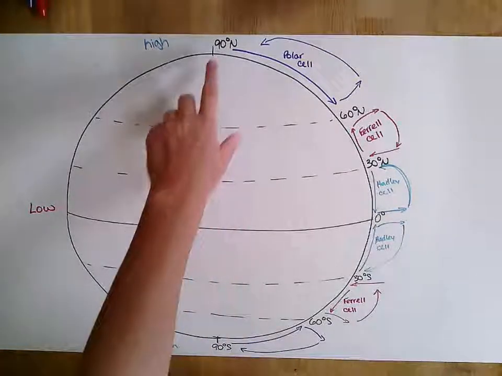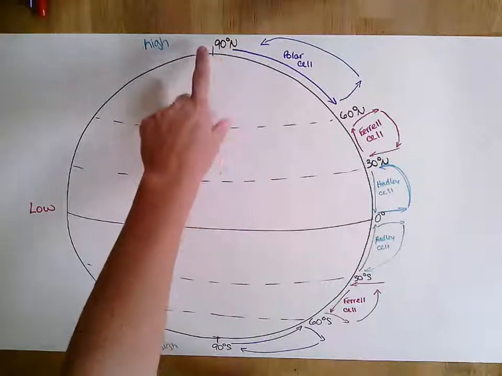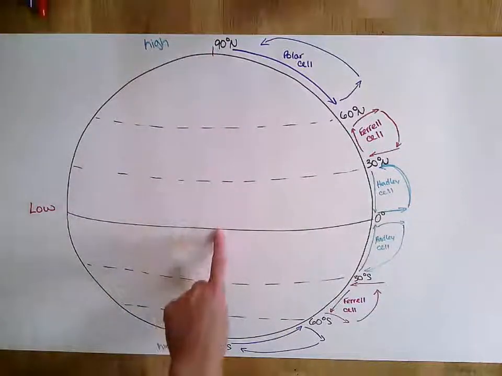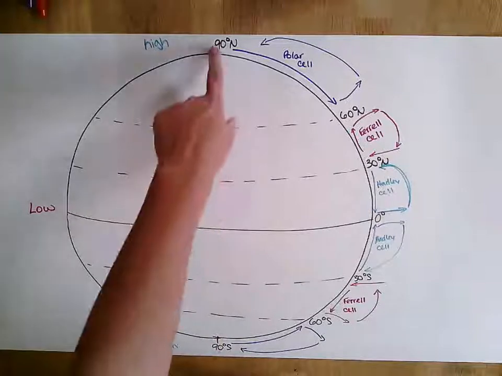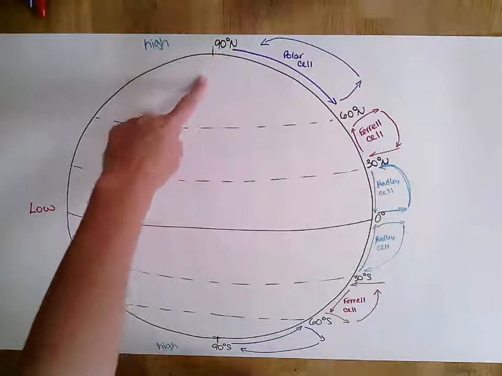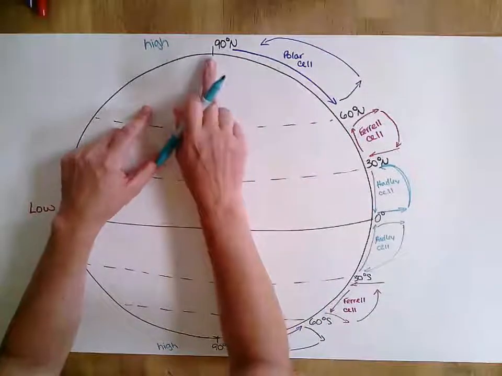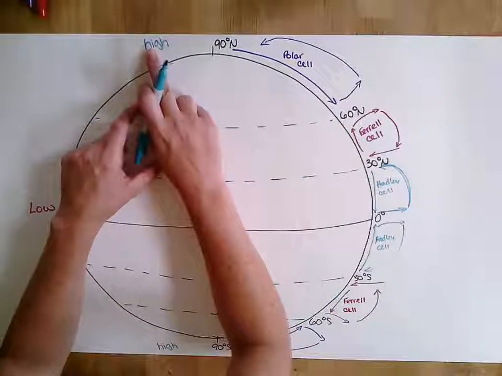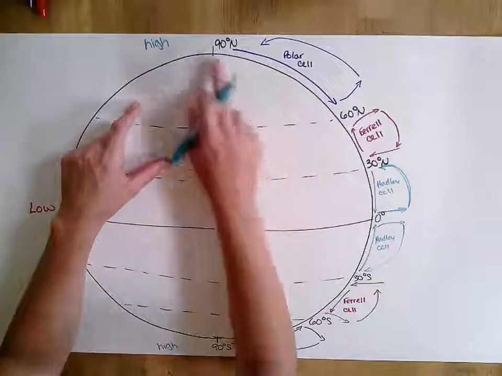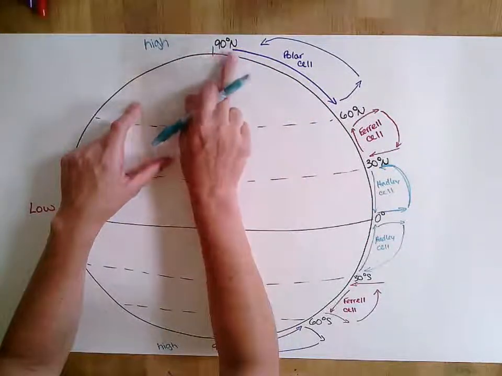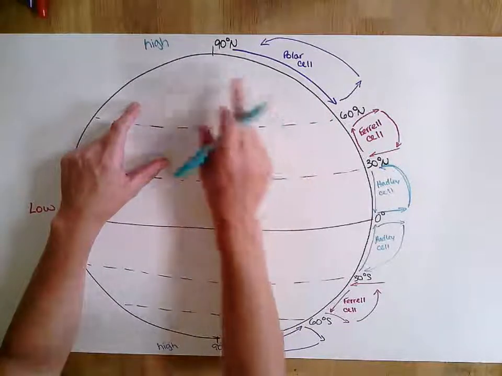So remember our car in the last video, it started at the North Pole, and it was traveling to the equator. However, it started to move to the right. And that's what's going to happen here. These winds are going from high pressure to low pressure. So you notice this arrow here. This is obviously a 2D drawing of a 3D situation.